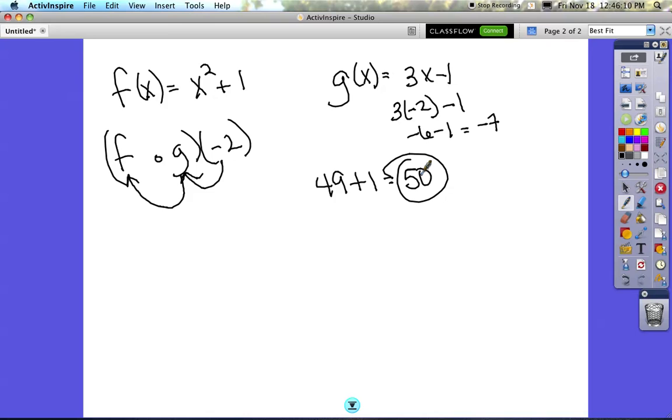So there are a lot of objectives to this lesson, the least of which is learning to do the composites. But I'm still trying to make sure that we're okay with all of our multiplication. Okay, so that is the lesson today. We're going to have a little quick worksheet.